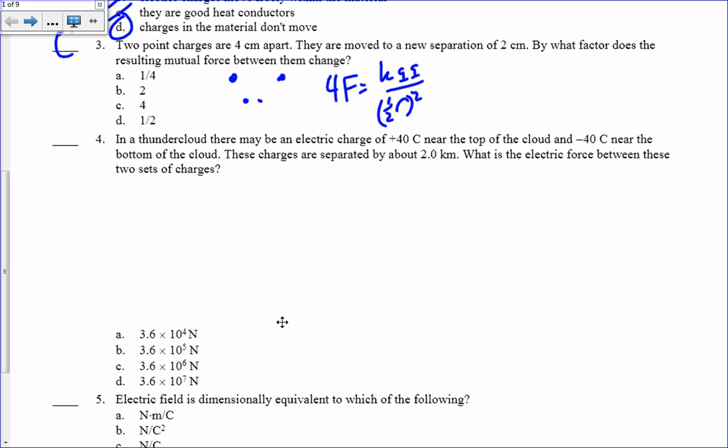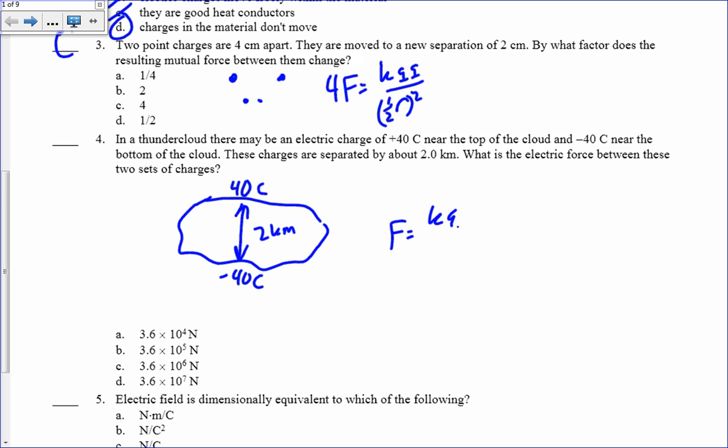Thundercloud, there may be an electrical charge of 40 coulombs near the top of the cloud. So here's my cloud. I have 40 coulombs, negative 40 coulombs at the bottom of the cloud, and they're separated by a distance of about 2 kilometers. I want to know what is the force between those two sets of charges. The force is k Q over r squared.